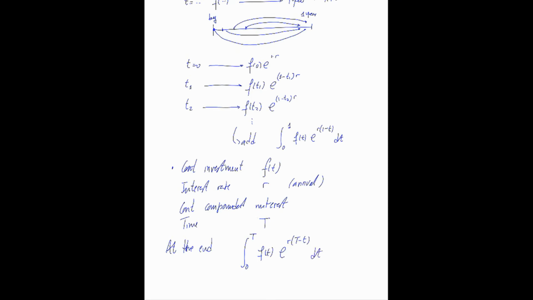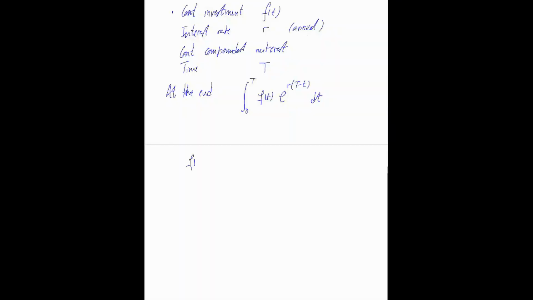For example, the investment function is f of t equals t, and your interest rate is 8%, that's 0.08, and your period is 3 years. So at the end of 3 years, investing continuously by this function, you will have the integral from 0 to 3 of f of t, which is t, times e to the 0.08 times (3 years minus t) dt.